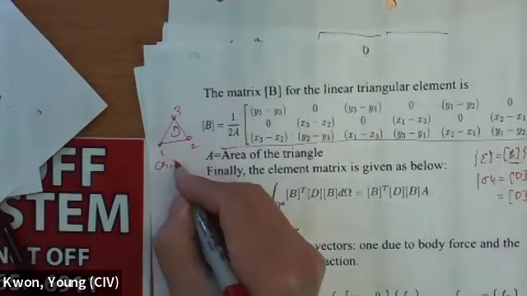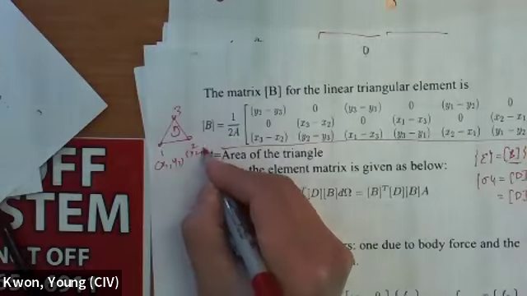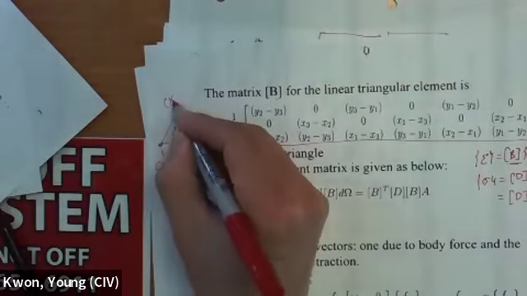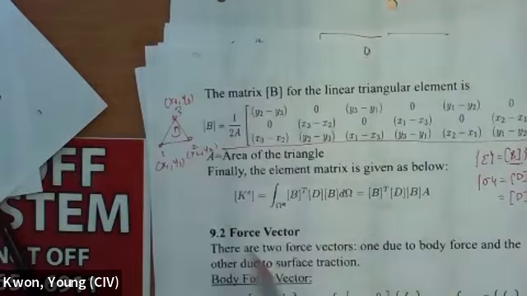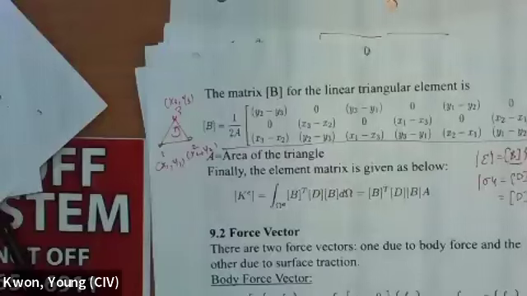So this is X1 and Y1, and this is X2 and Y2, and this is X3 and Y3. Those are the nodal coordinates, 1, 2, 3. So if you look at matrix P, is any component of this 3 by 6 a function of X or Y or not?